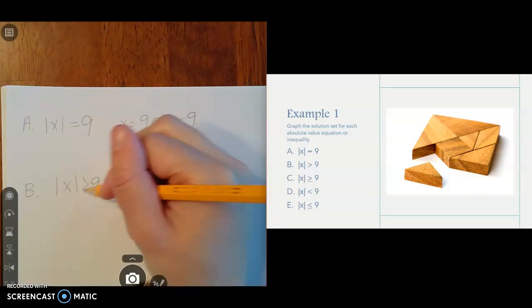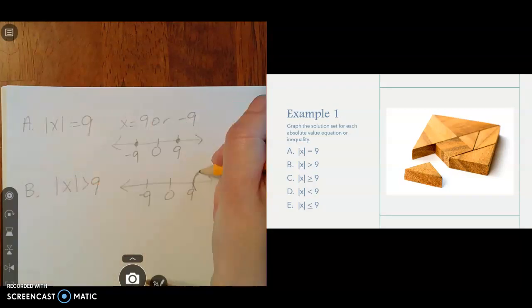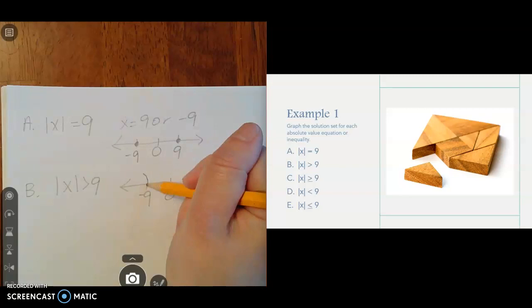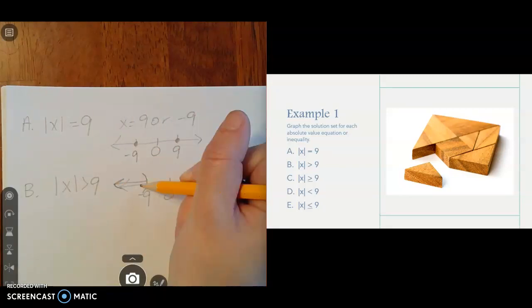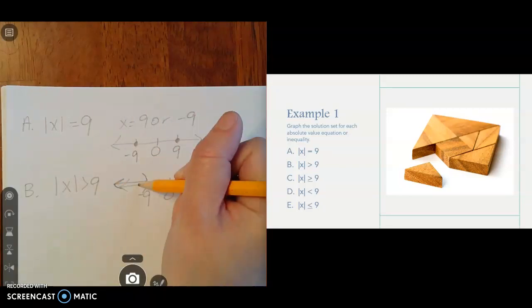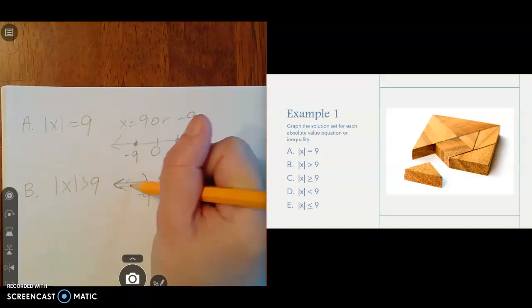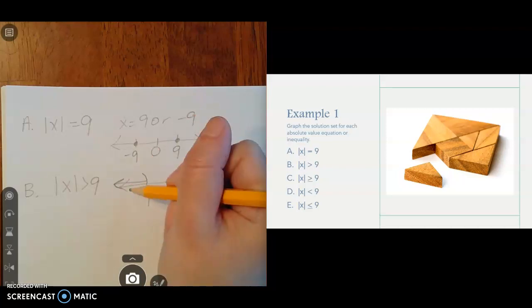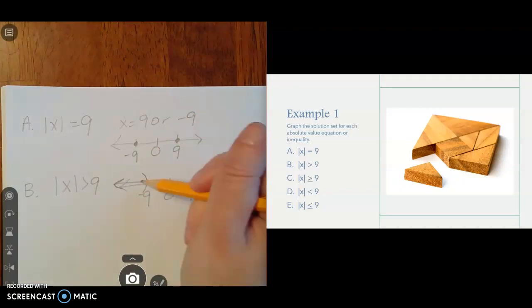Because of it just being greater, I'm going to use a parenthesis, not a bracket, and more. The other direction, we'd have -9, and we go to the left because -10 is 10 away. That's even bigger than 9. -11, the absolute value of -11, would be 11 away. So that's even bigger.